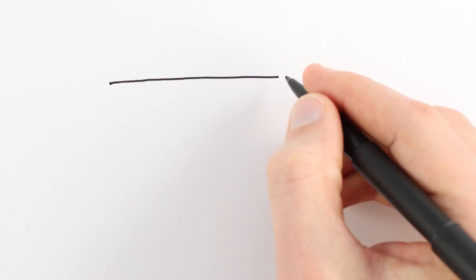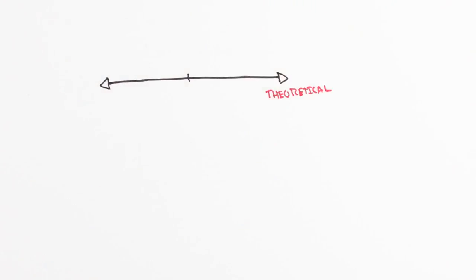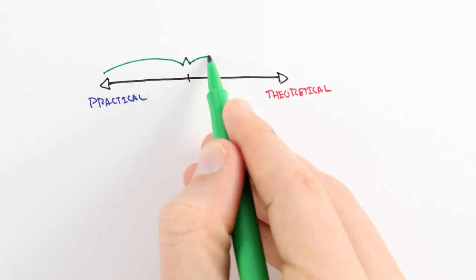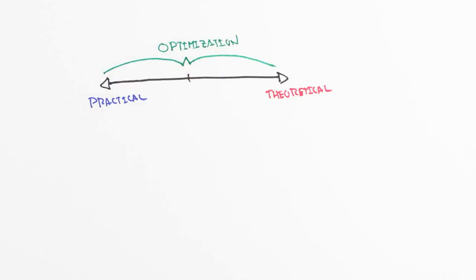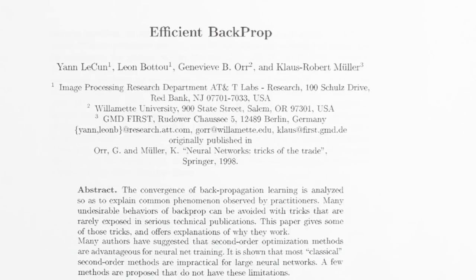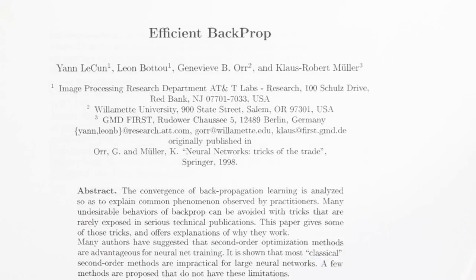Part of what makes optimization challenging is the broad range of approaches covered, from very rigorous theoretical methods to hands-on, more heuristics-driven methods. Yann LeCun's 1998 publication Efficient Backprop presents an excellent review of various optimization techniques as applied to neural networks.